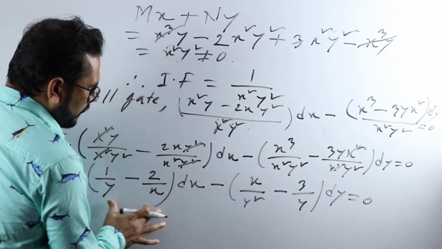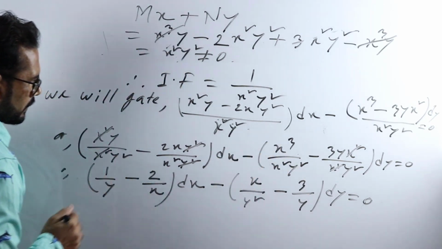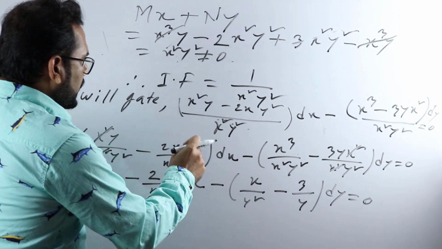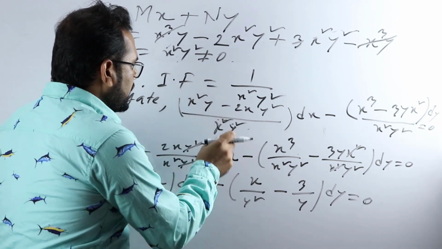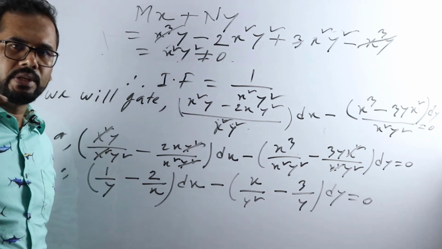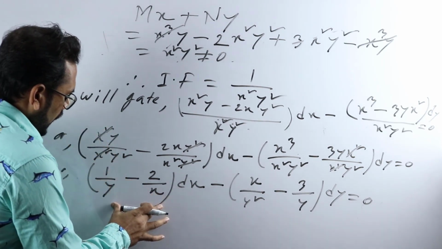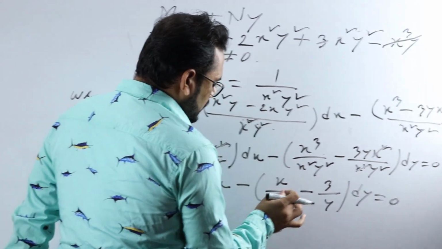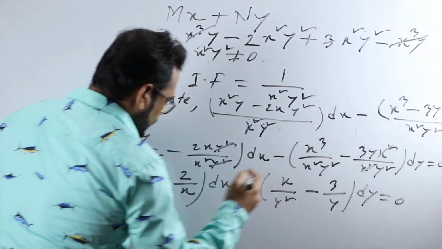Now this is M and this is N. So if it is divided by the integrating factor which was non-zero, we have to just integrate here considering y as constant and here x free terms.